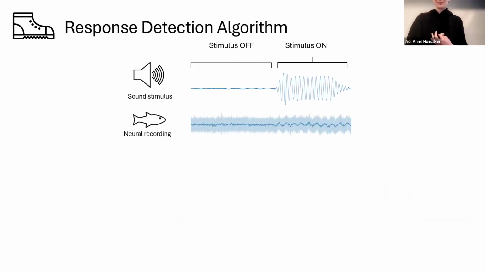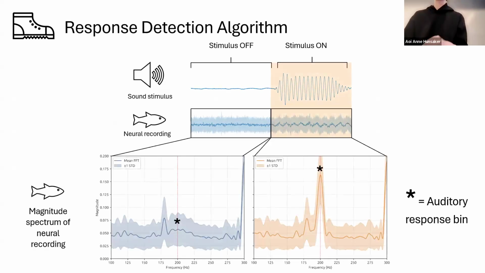Okay, so going more in depth here, the response detection algorithm calculates if an auditory response is statistically significantly higher than the background noise. It does this by comparing the electrode signals when the sound is off versus when it is on at a trial level. It specifically calculates the energy at the expected auditory response frequency bin.